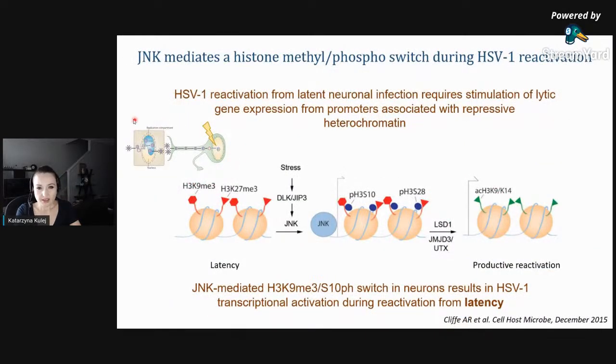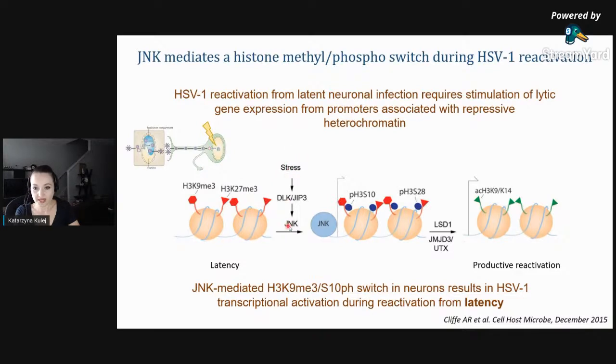As I mentioned at the beginning of my presentation, this circular DNA during a latent infection can get reactivated post-cell stress. And Anna Cliffe showed in her study very beautifully how this process occurs. The circular DNA is primarily enriched in the repressive heterochromatic marks, which keep it silent: K9 trimethyl and K27 trimethylations.